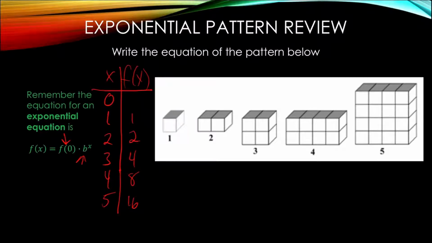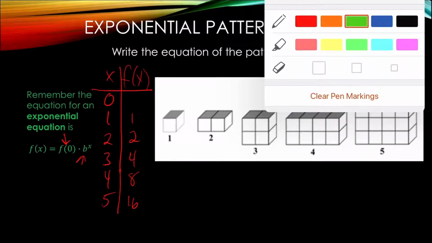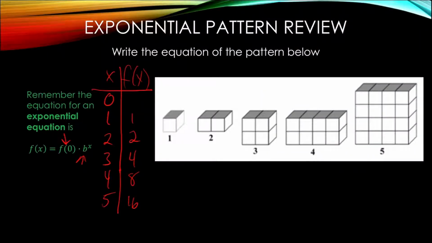Alright, so I can see that I'm not adding by the same number each time, so I know this isn't linear. Then I would check for an exponential, which means I'm multiplying. Well, I multiply by 2 there. 2 times 4, I'm multiplying by 2. 4 times 8, I'm multiplying by 2. 8 times 16, I'm also multiplying by 2.